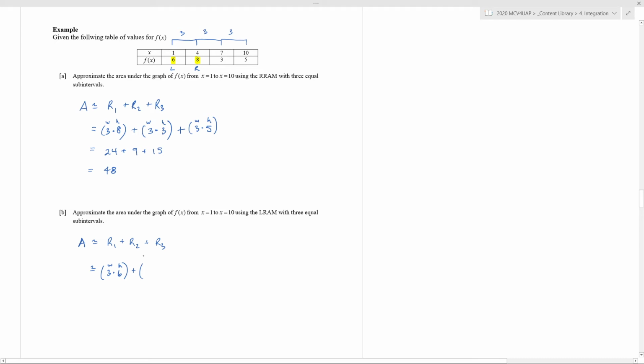And now this is my left height, this is my right height. So I'm going to take my width of the rectangle, which is 3, and multiply it by the left-hand height, which is 8. And then finally, for the last one, I'm going to get a width of 3 times a height of 3.